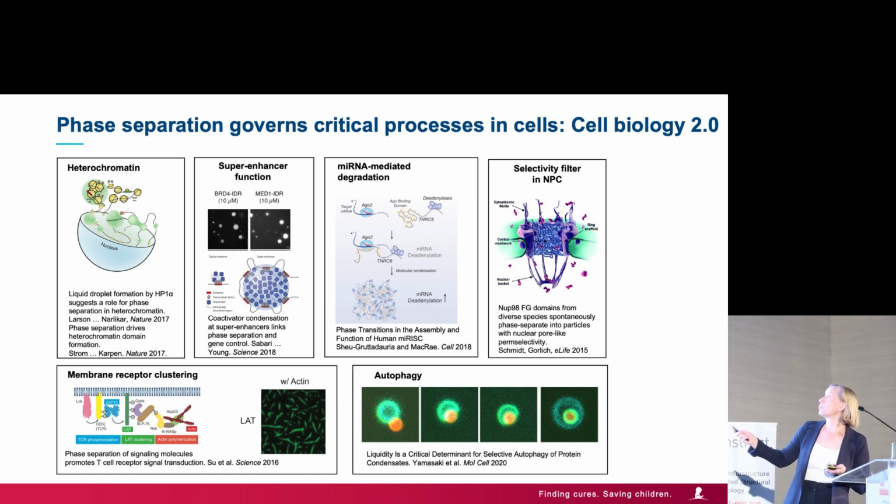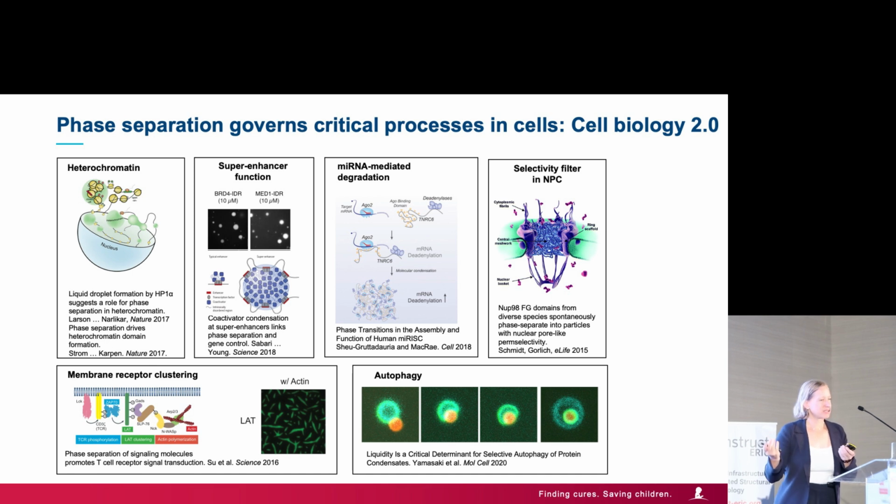And then we have the nuclear pore complex, and the selectivity filter within it is mediated by these kinds of percolated interactions that we're going to talk about. And this has really changed how we think about compartmentalization in cells. And, you know, one could say that perhaps we're going into an era of cell biology 2.0 with this.